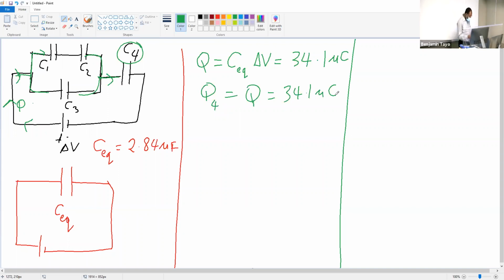And so with this, I can calculate my E4. So my E4 is equal to 1/2 Q4 squared over C4. Now, if you do this correctly, you should get, I'll just write it as 0.725 times 10 to the negative 4.